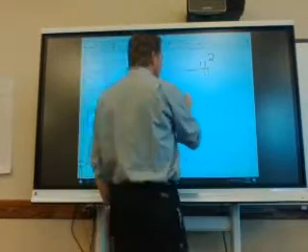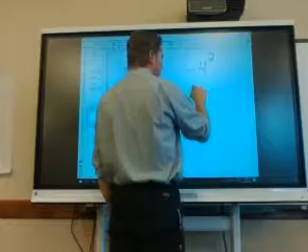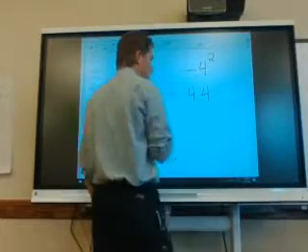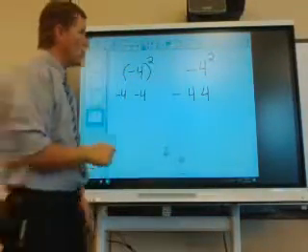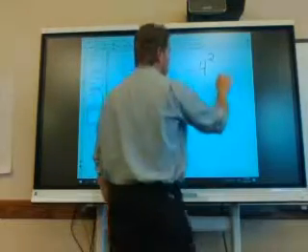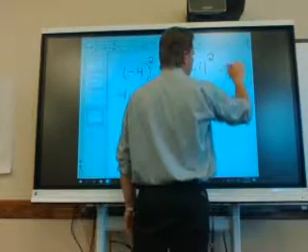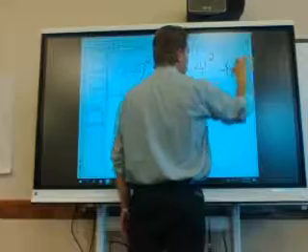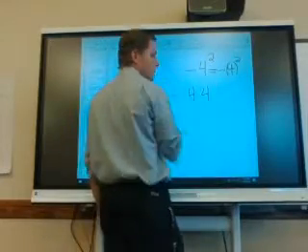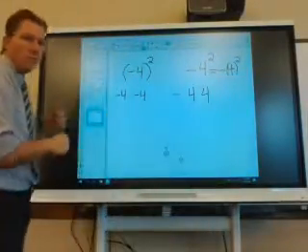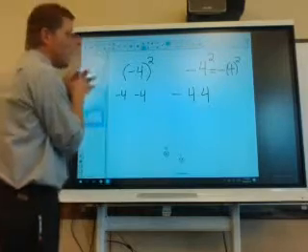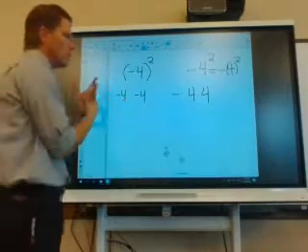So I have a negative being applied to 4 times 4. Okay? So if it helps, think of it as -(4), where only 4 is in the parentheses. These two are equivalent to each other. Okay? They're interpreting the same thing, and they're showing that to you.